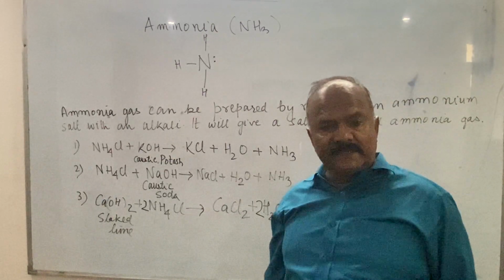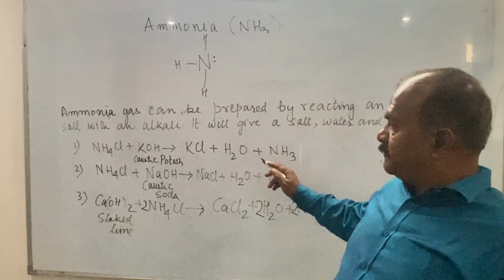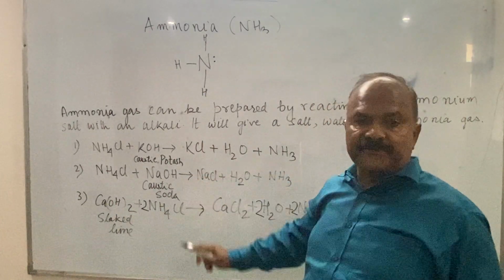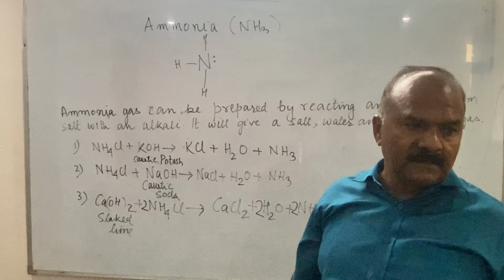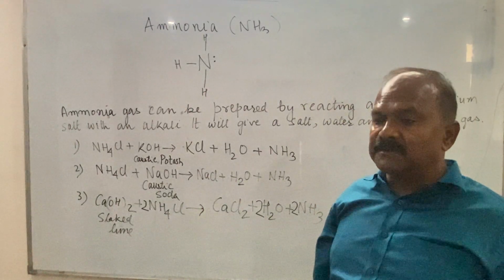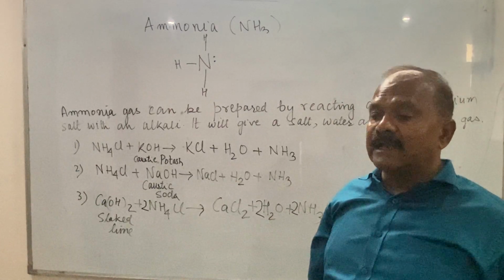But let me tell you one thing. The preparation of ammonia by using potassium hydroxide and sodium hydroxide is not advisable. Why? Because potassium hydroxide and sodium hydroxide are highly deliquescent.